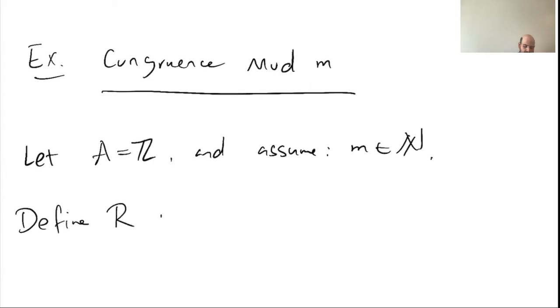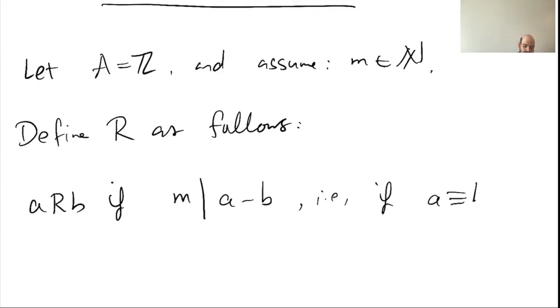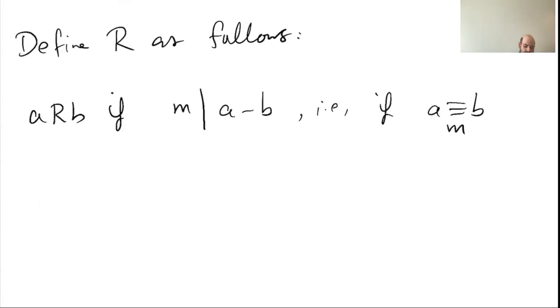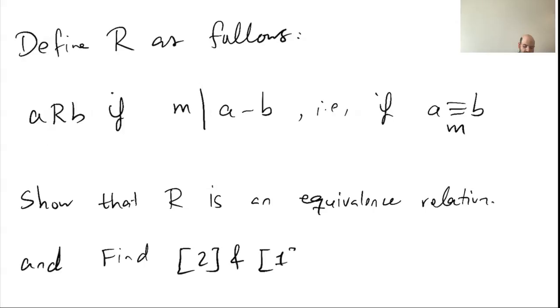Define R as follows: A R B if M divides A minus B, i.e. if A is congruent to B mod M. So show that R is an equivalence relation and find the class of 2 and the class of 1 for M equals 2.